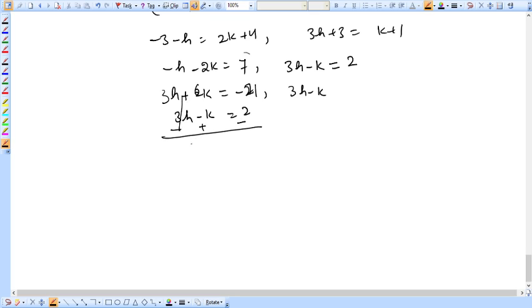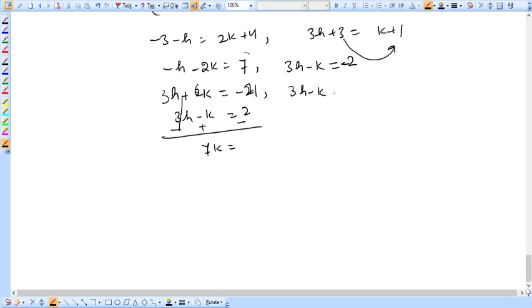Now subtraction, this would be plus, this would be minus. Okay, so cancelling, we get 7k is equal to, if I take 3 to this side, this would be negative.